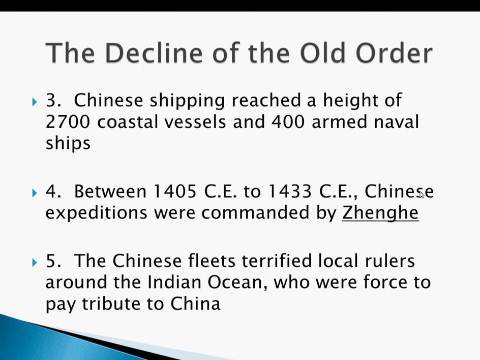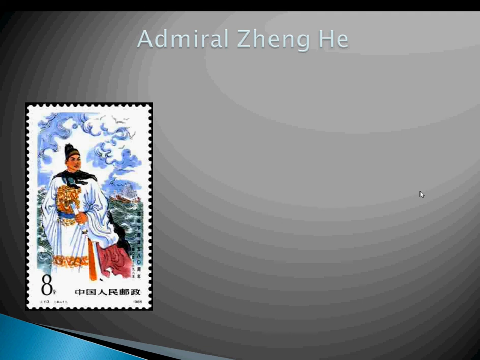This particular fleet that sailed from 1403 CE to 1433 were commanded by an admiral named Cheng Ha, a eunuch, and he rose to prominence, and he was in control of the fleet. This shows a picture of Admiral Cheng Ha.